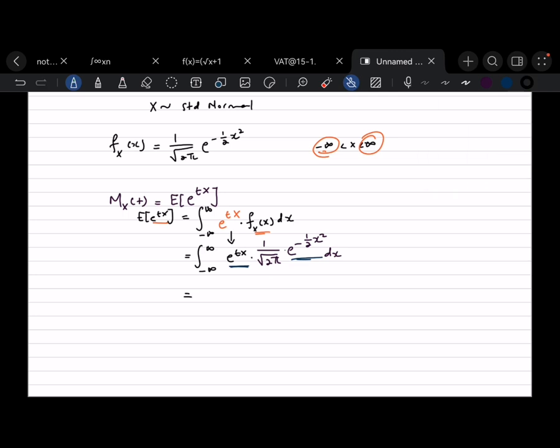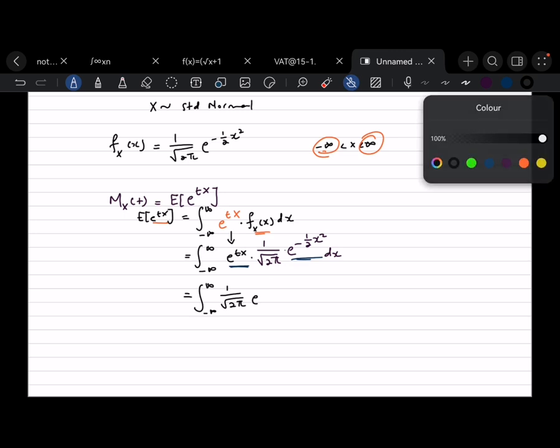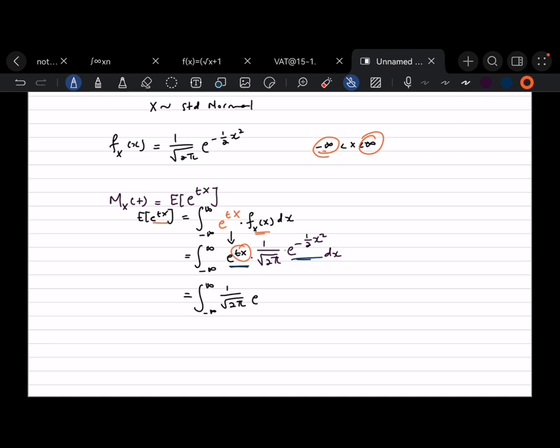So I have my integral from negative infinity to positive infinity. I will still have the constant 1 over root 2 pi. Then I take one e and add the exponents, so I'm adding tx and negative half x squared.